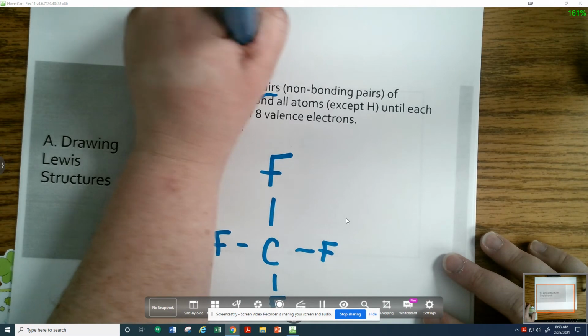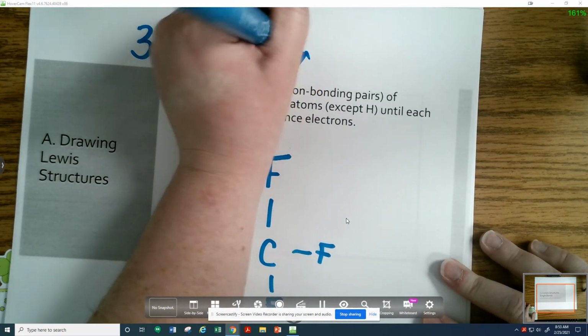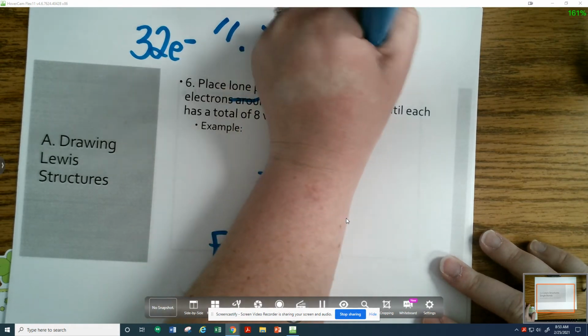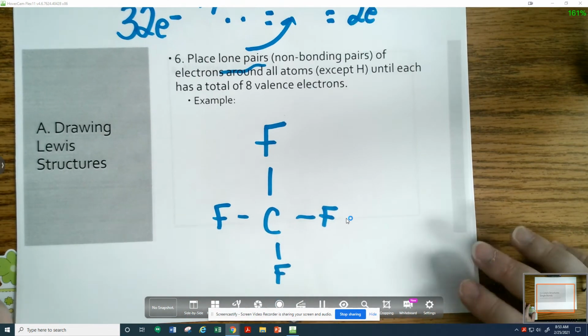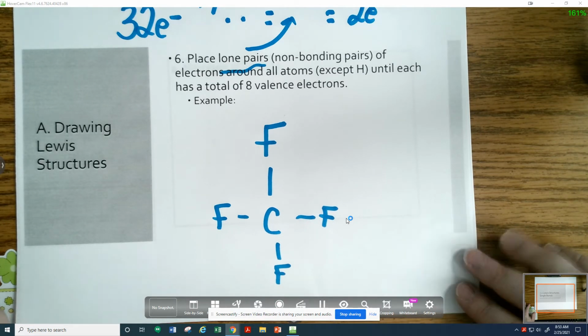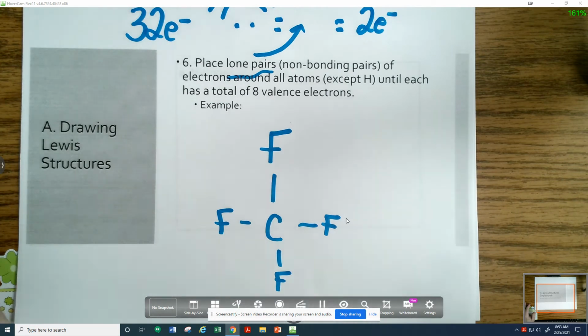The lone pairs are shown as a set of dots, and those are 2 electrons. Fluorine doesn't have to share all electrons with carbon in order to complete its octet. They can do that by having electrons all to themselves. Those are called lone pairs.